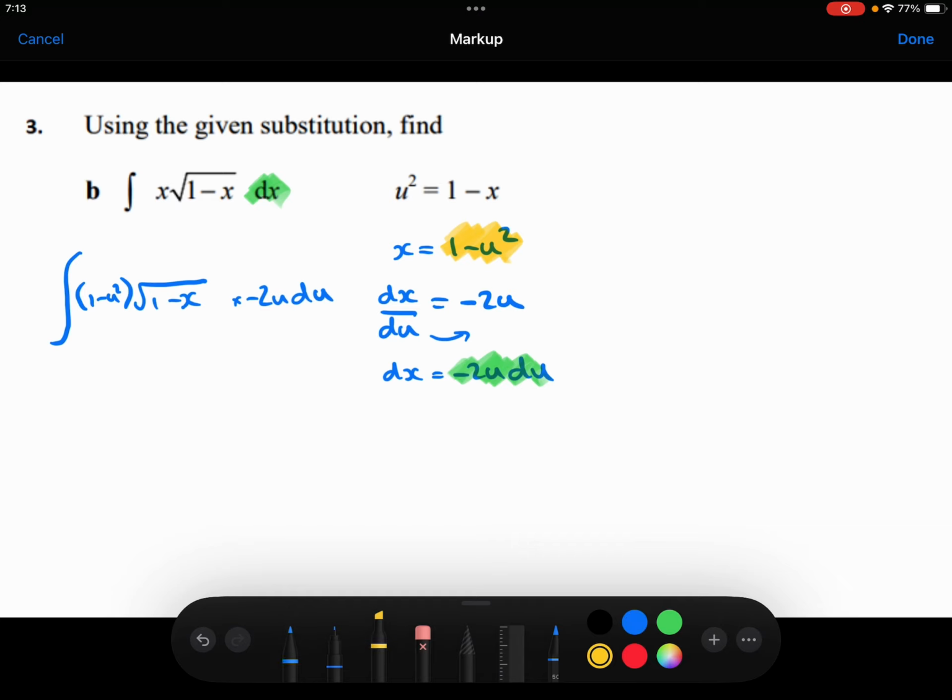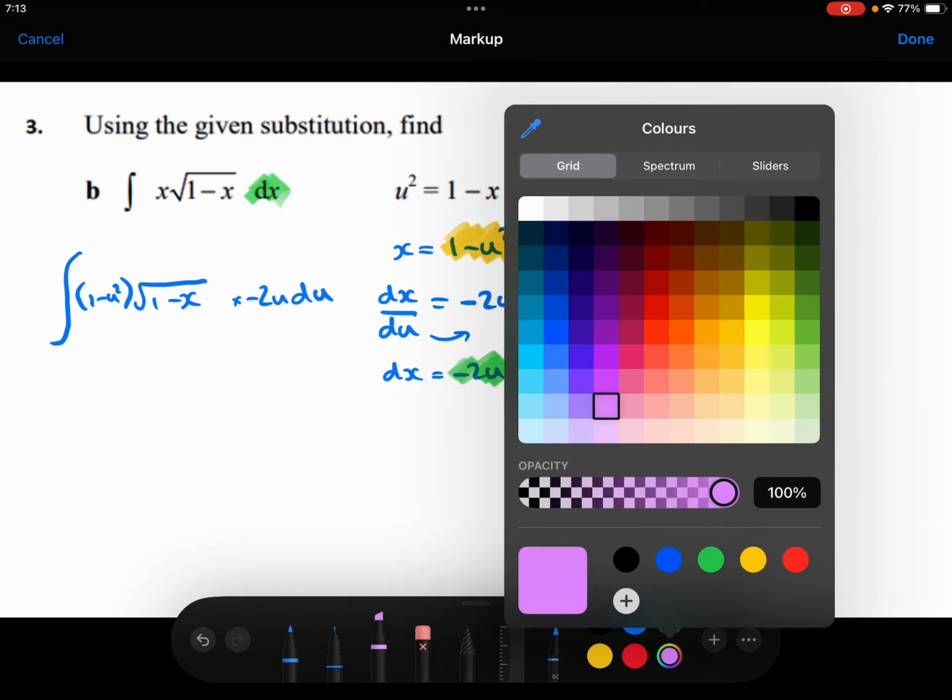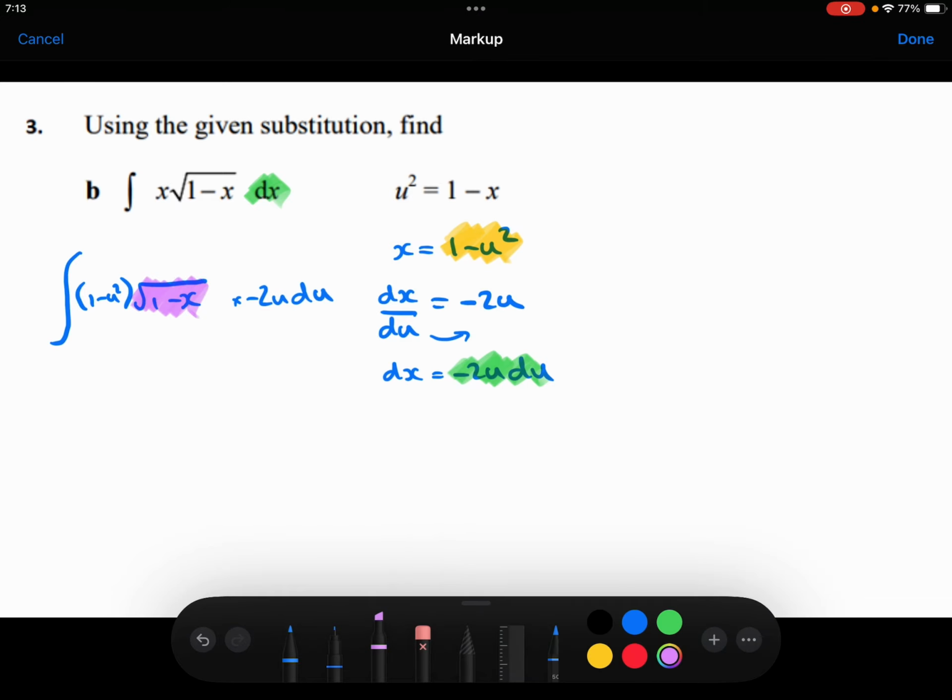And then I've got this square root of 1 minus x. Well, that's just going to be equal to u. So I'm going to replace that with u.